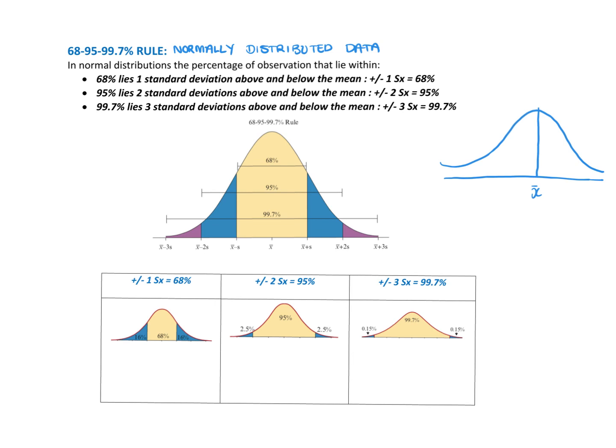So what we're going to see now is this: if we find a value for the standard deviation, and that's found using our calculator, and we add to the mean one standard deviation value, or we minus one standard deviation value, what we find is, if we collected data of 100 people and the mean was there and it was normally distributed, 68%, or 68 people, would lie between the mean minus one standard deviation and the mean plus one standard deviation.